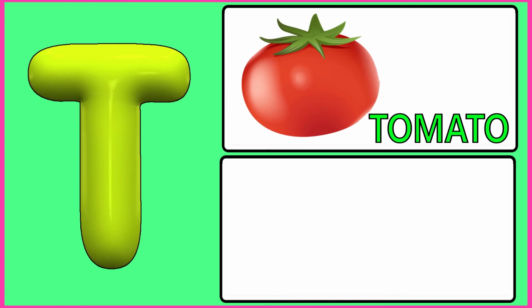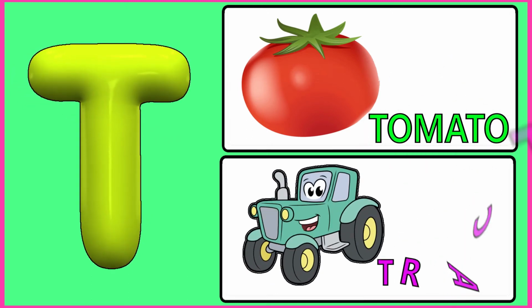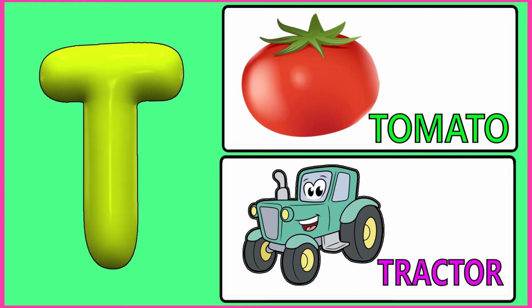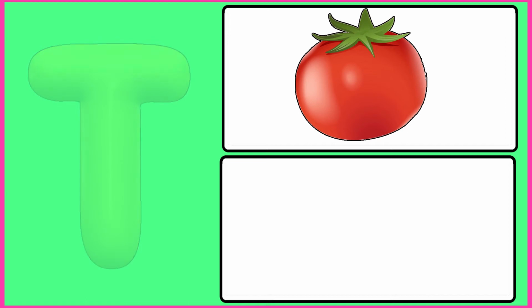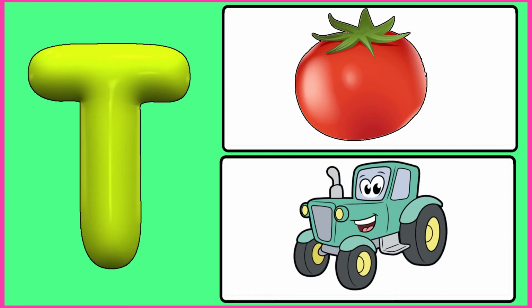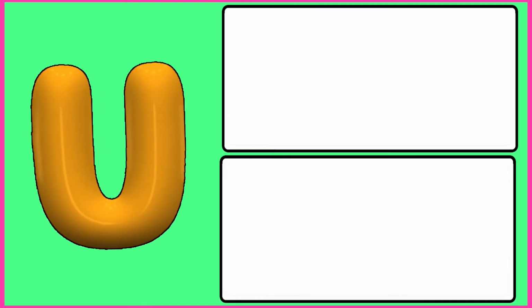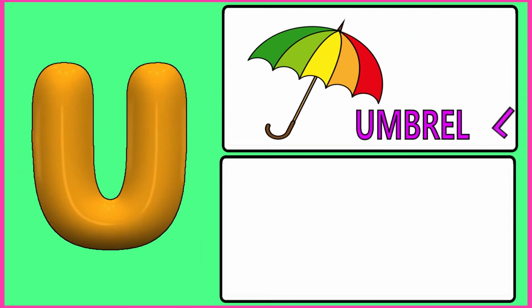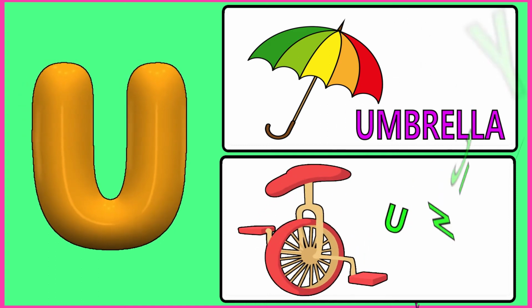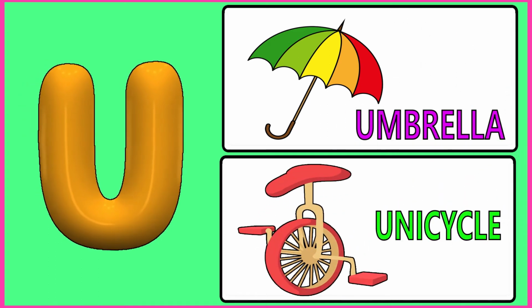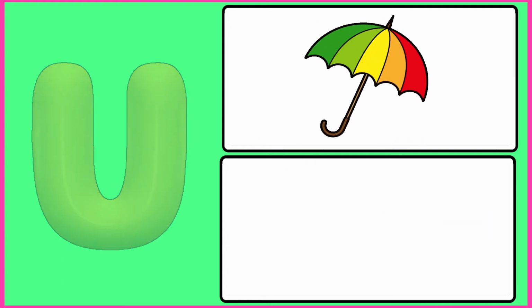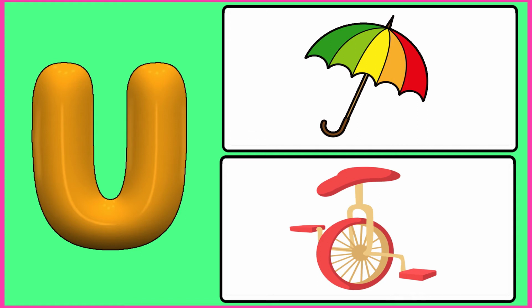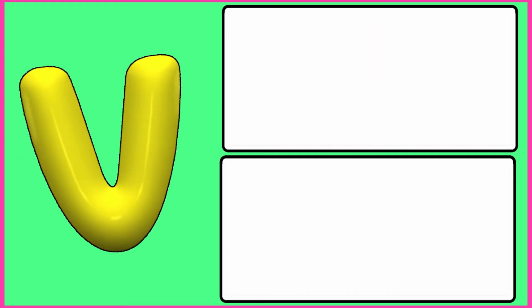T is for tractor, tractor. U is for umbrella, umbrella. U is for unicycle, unicycle.